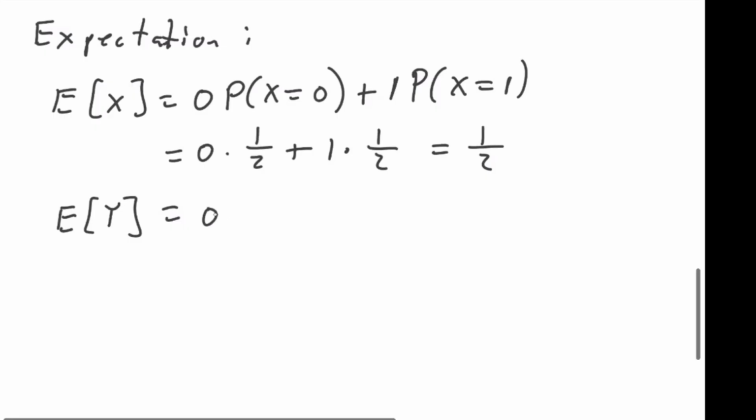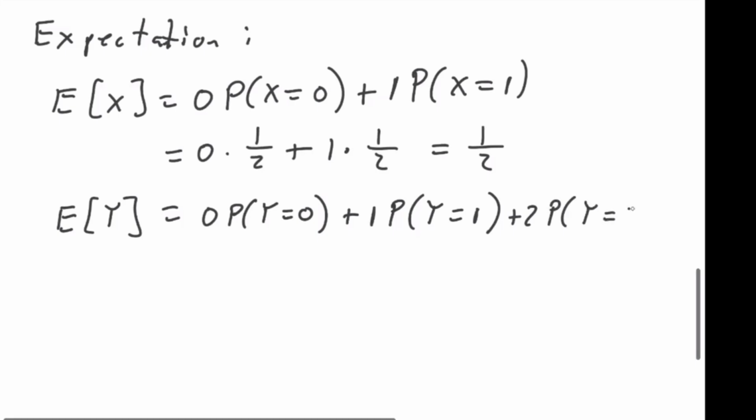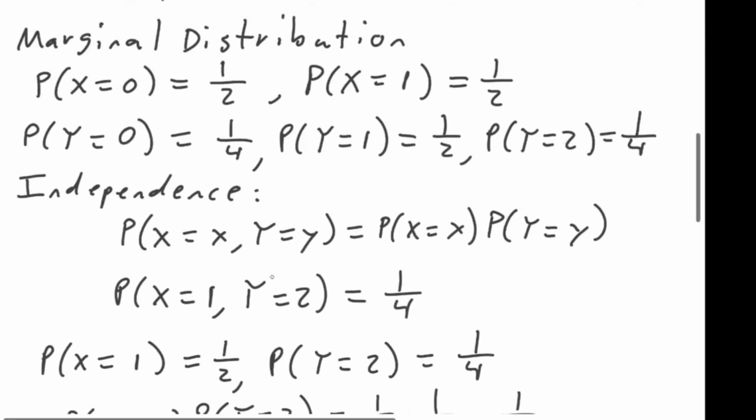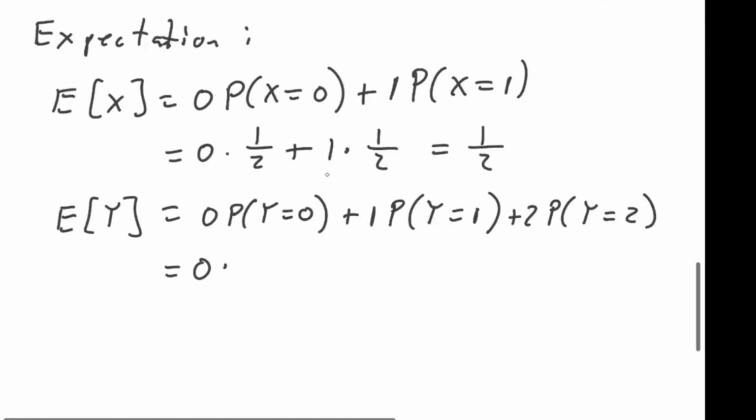Okay, so y can take on 0. So 0 times the probability that y is equal to 0, plus 1 times the probability that y is equal to 1, plus 2 times the probability that y is equal to 2. So this is 0 times the probability that y is equal to 0, which is 1/4.